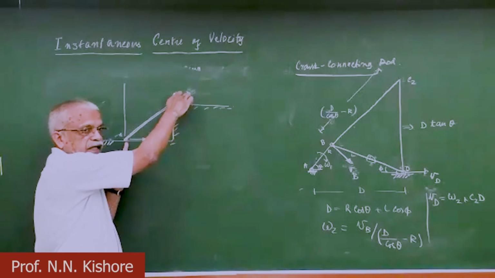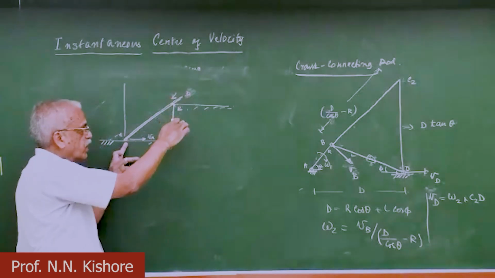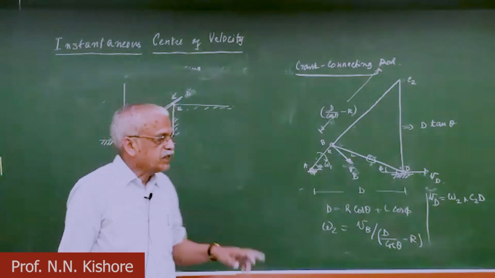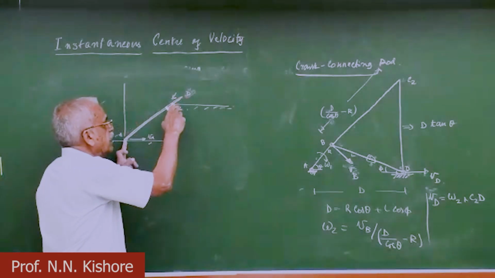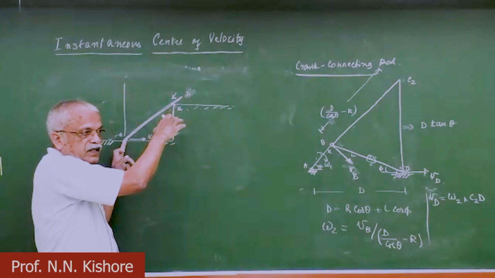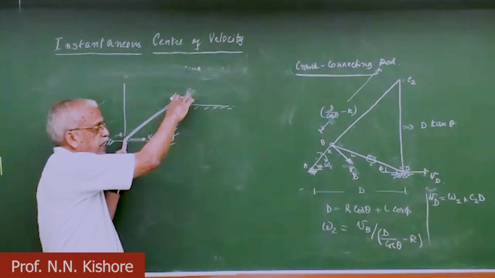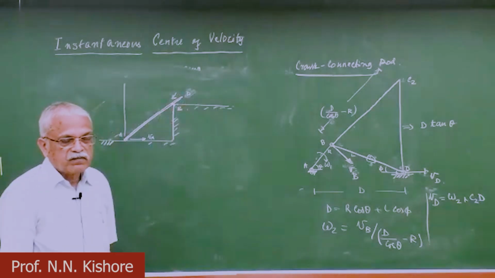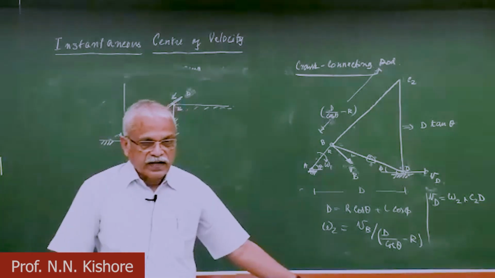Assuming that AD is your rod, how is B moving with respect to the rod AD? The rod is fixed and B can only move along the rod, right?